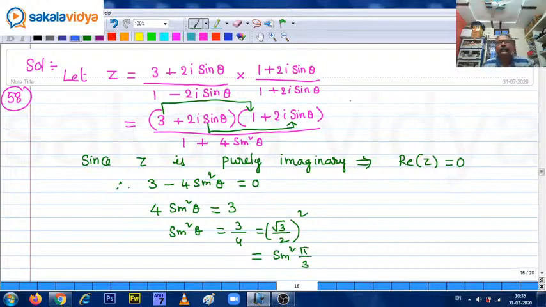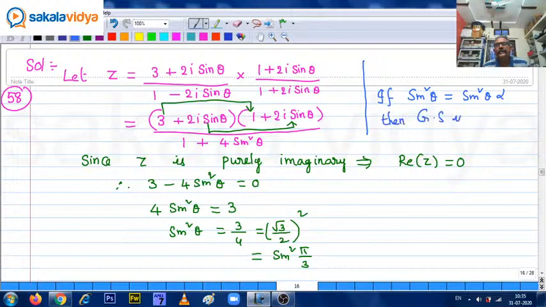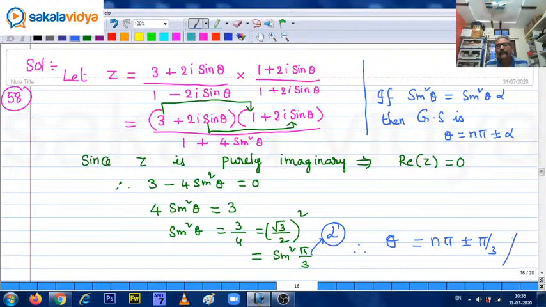In trigonometric equations we have one solution: if sin square theta is equal to sin square alpha, then the general solution GS is theta is equal to n pi plus or minus alpha. Therefore theta is equal to n pi plus or minus pi by 3, because this is alpha. This is the solution.